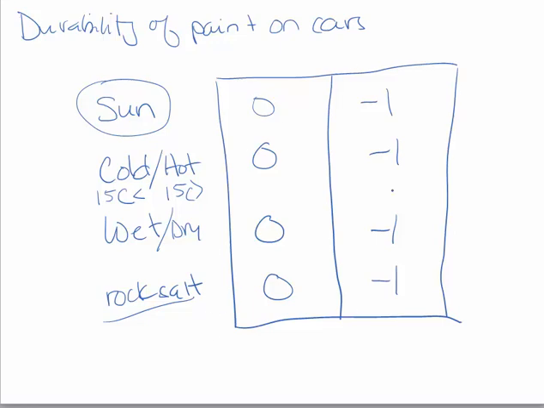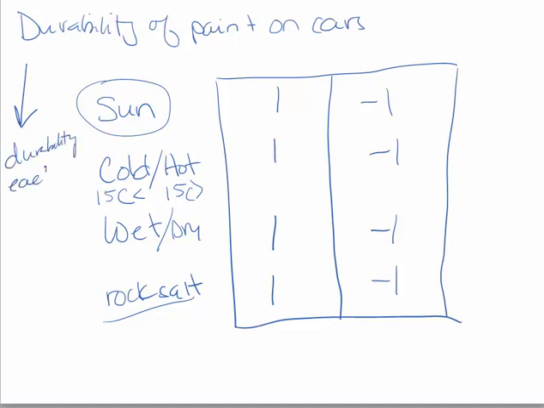So you can see it's set up in a binary type system, but it doesn't have to be in 0s and 1s. And actually, a lot of times we see this set up as contrast levels, where we would do a contrast of 1 to -1 for each option. As we measure durability each day, the car has the option of being exposed to these different things.